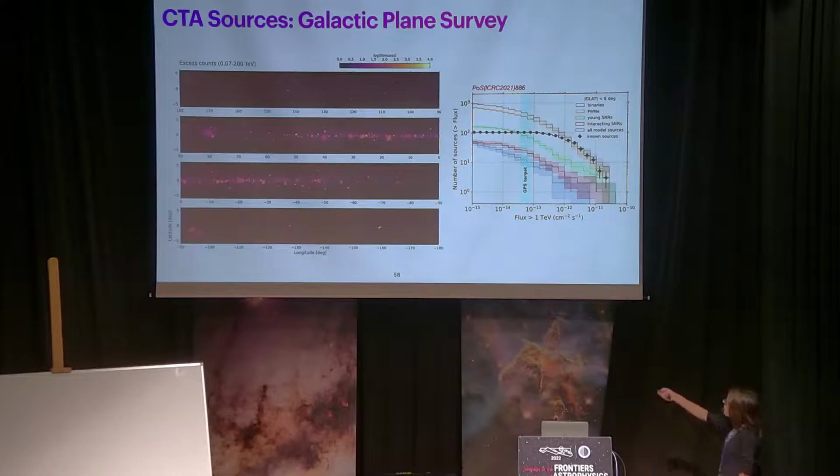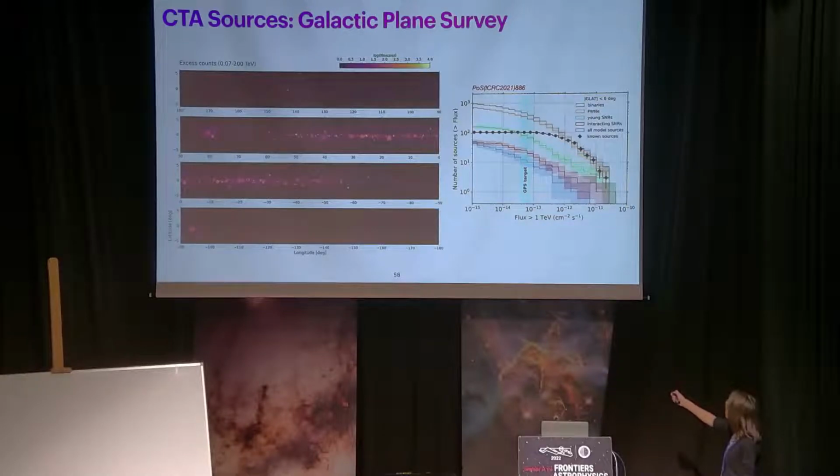What we expect from CTA is to be able to really survey this galactic plane with very high angular resolution. If we build the models for the sources that we know, this is typically what is called the log N log S, the number of sources as a function of flux. It gives you an idea of how many sources per unit flux you would have for different populations. This is the currently known sources.